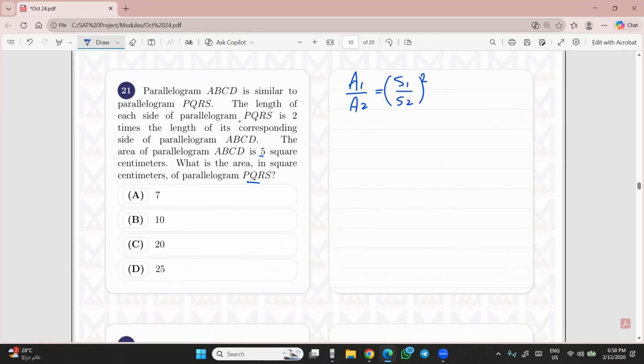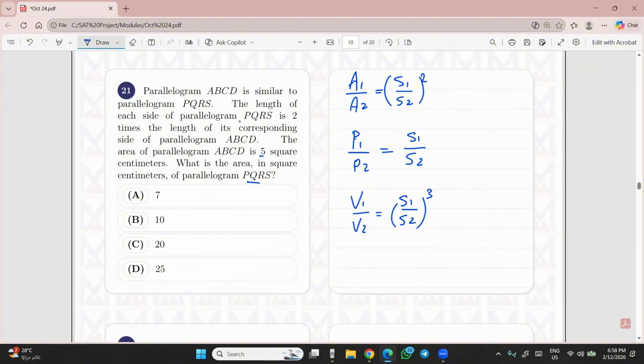Remember, this formula can be used for areas. And we also have other formulas. If you are talking about the perimeter, for example, perimeter 1 over perimeter 2 equals side length 1 over side length 2, only without the square. But we also have the volume: volume 1 over volume 2, for 3D shapes, equals S1 over S2 all to the power of 3.